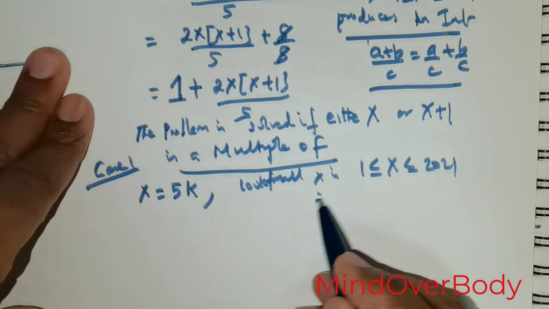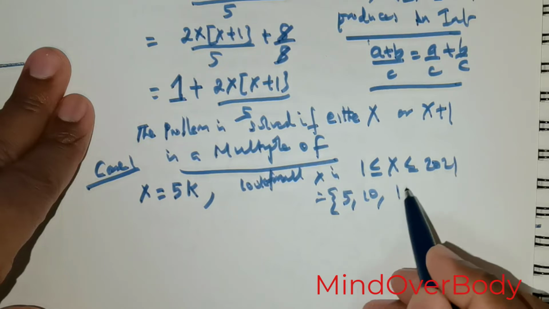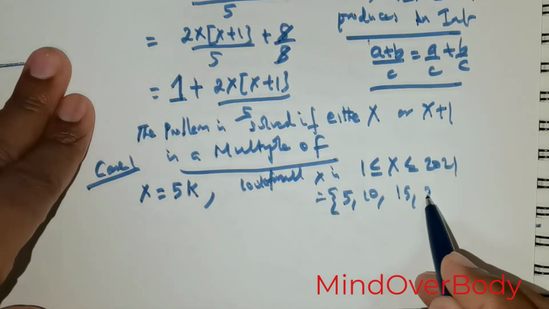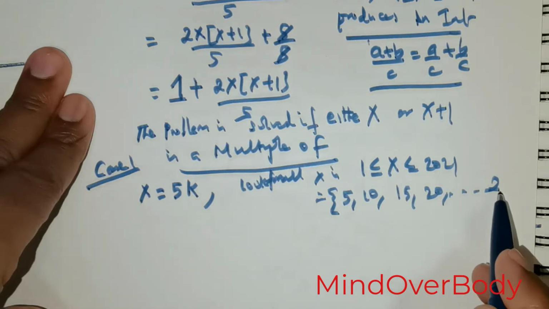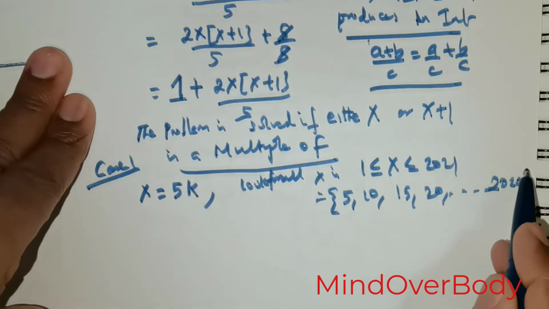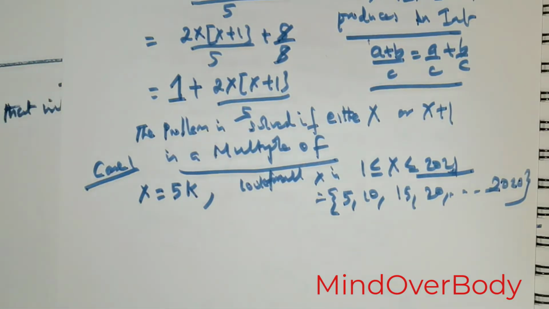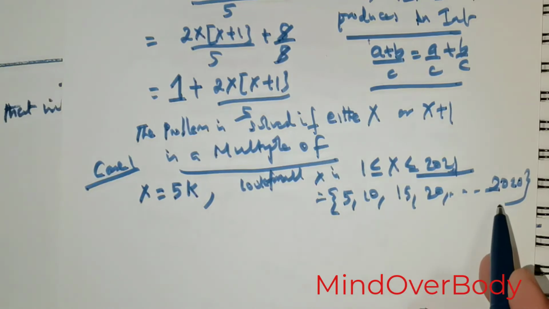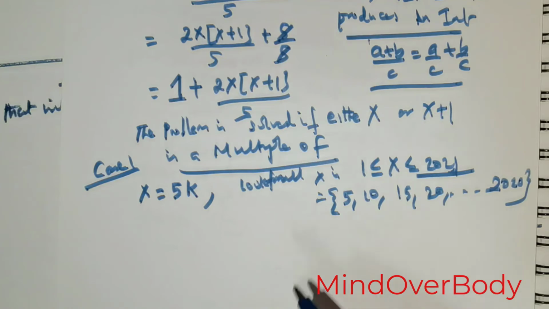The first x starts at 5, the next one is 10, then 15, then 20, and so on. It goes all the way up to 2020, because 2021 is not divisible by 5, so we need to go up to 2020, not 2021.